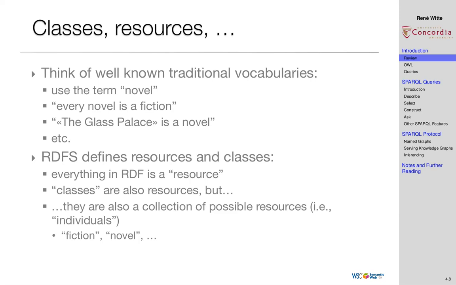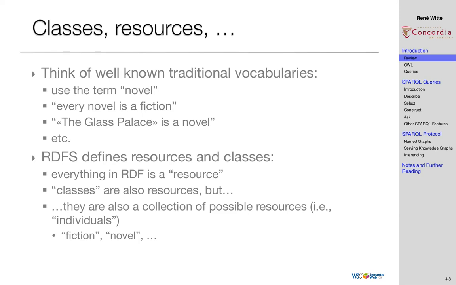And one language for defining these kind of vocabularies using the web standards that we talked about is RDFS, the RDF schema. So this is what we covered last time in detail, how to define a class, how to define subclasses and class instances and so on.